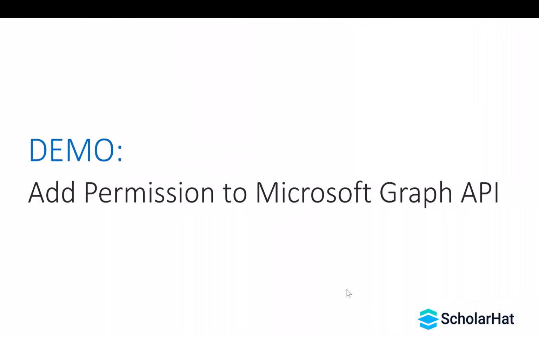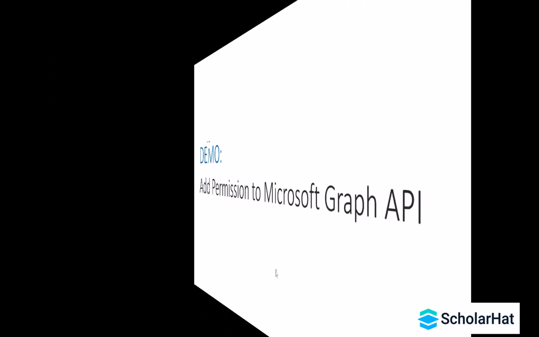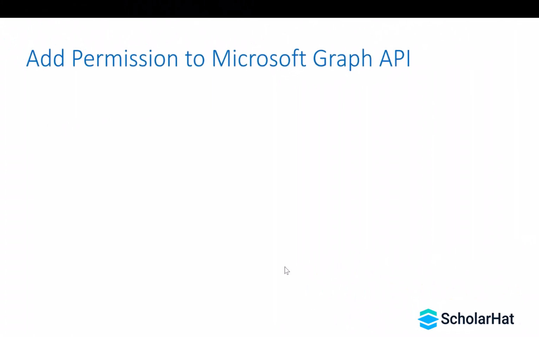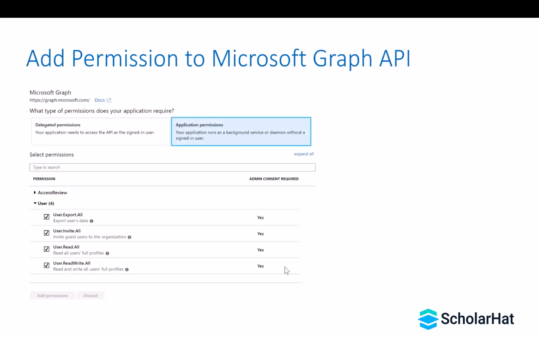Demo for adding permission to Microsoft Graph API so that we can manage Azure Active Directory through Microsoft Graph. Now let's have a look at what permissions we need to provide to the Microsoft Graph API for the application we recently created. At the application level, we have the option for providing permission for Microsoft Graph API, and there you will find the delegated permission and the application permission.